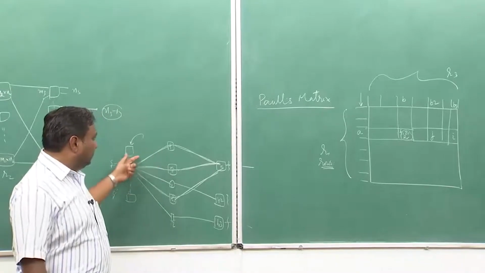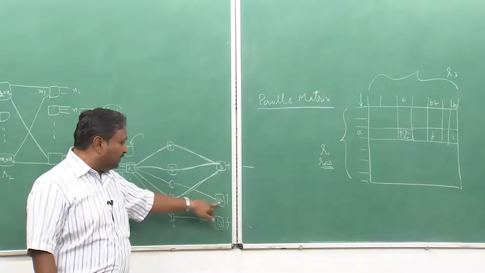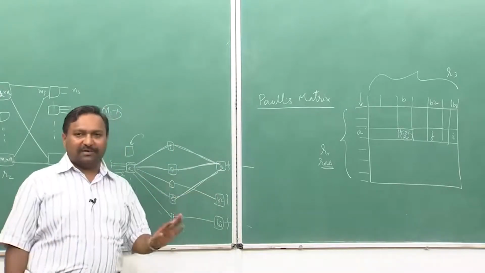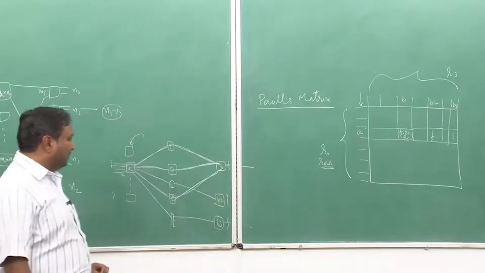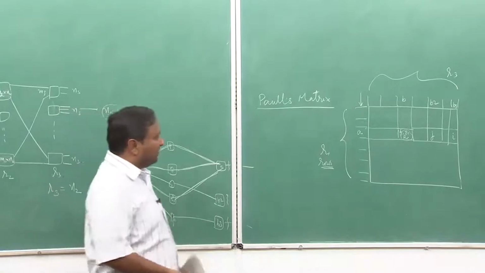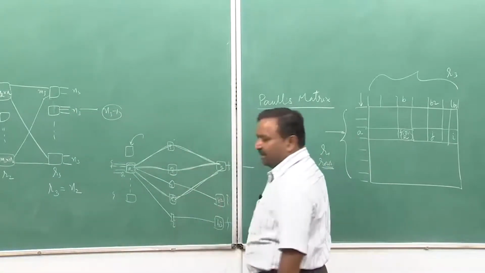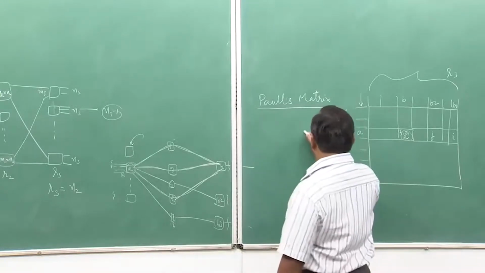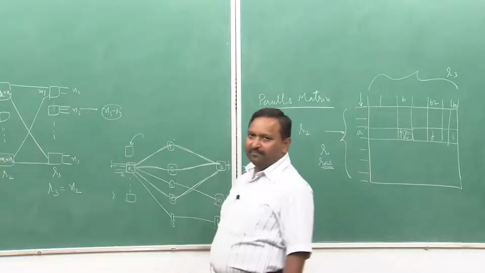So, if this connection F has been consumed, F cannot repeat, F cannot be used to connect to B2 or B3 also simultaneously. I will come to a case when that will also be feasible. So, this actually implies the number of entries in a row will be restricted to the number of middle stage switches. So, there will be R2 possible entries which can be there, that is one argument.